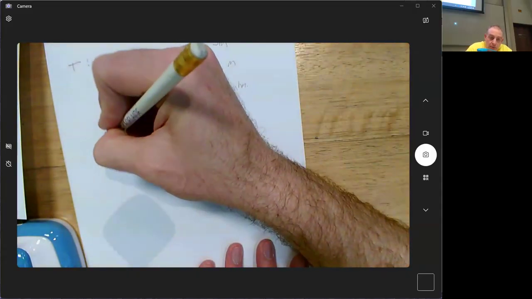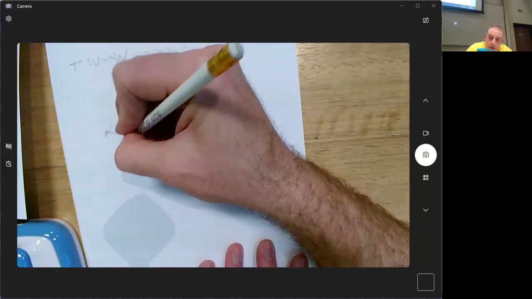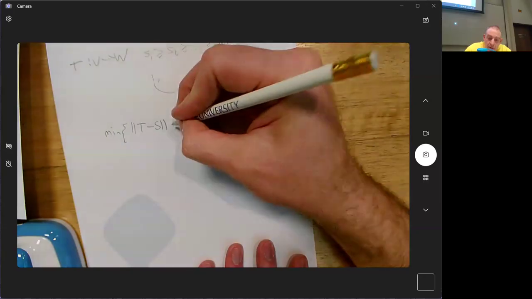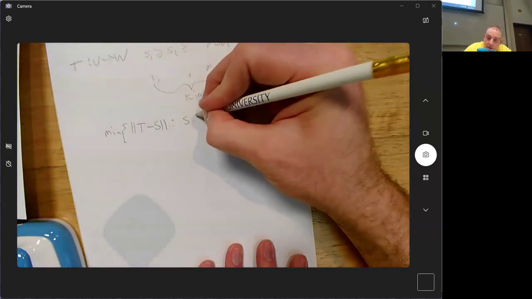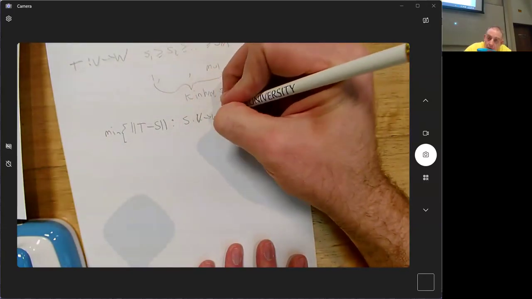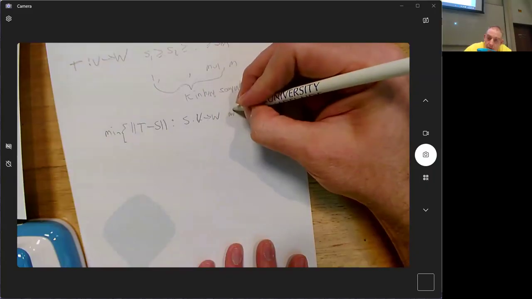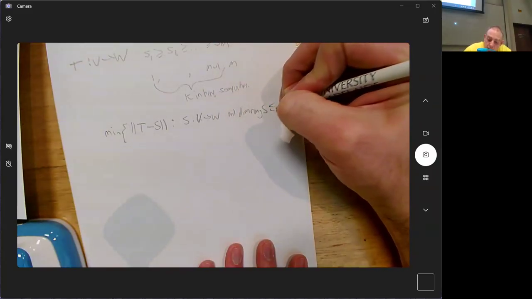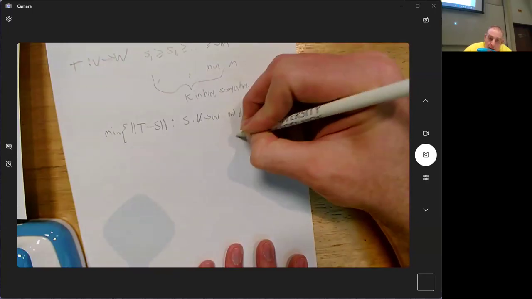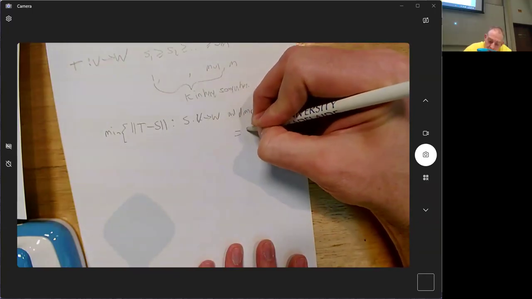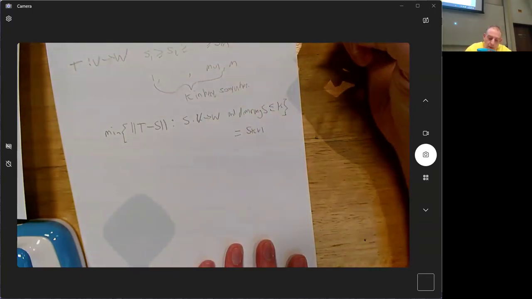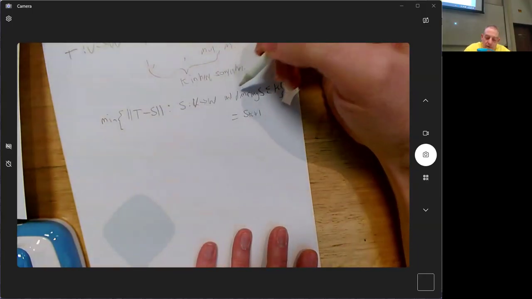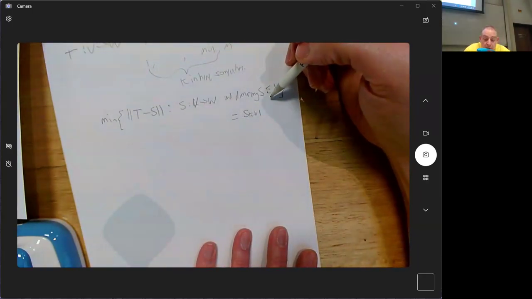Then the minimum value of the norm of T minus S, such that S also sends V to W and the dimension of the range of S is less than or equal to k, is the (k+1)th singular value. So the minimum of T minus S where the dimension is less than or equal to 1 is s2.